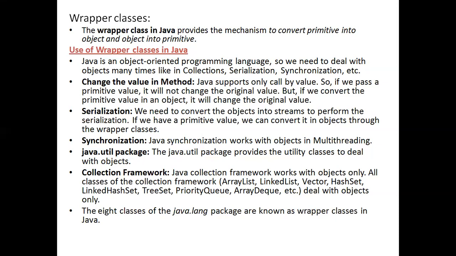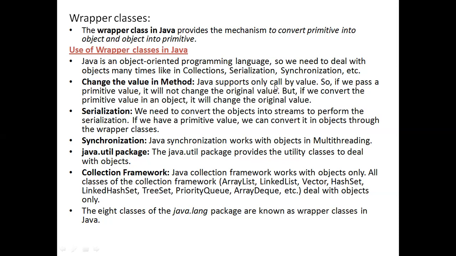Now, the wrapper class in Java. First of all, let us see what Java is. Java is mainly an object-oriented programming language. There, we need to deal with objects many times, like collections, serialization as well as synchronization, etc. There we can change the value in a method. Java mainly supports only call by value.